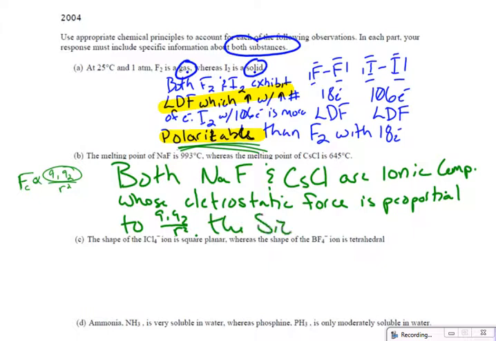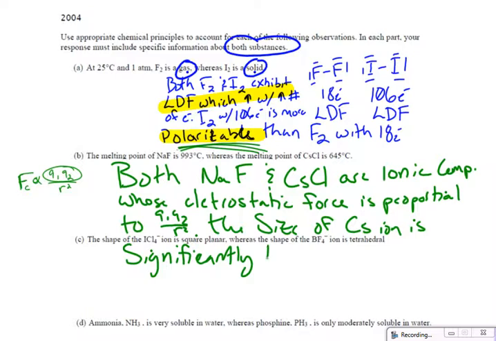The size of the cesium ion is significantly larger than the sodium ion.